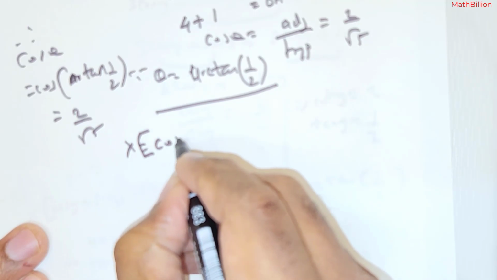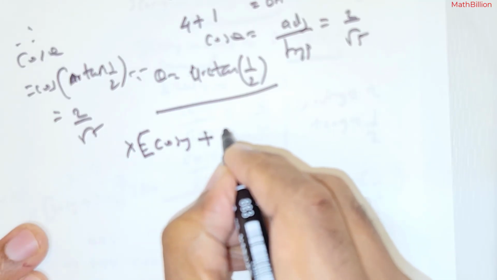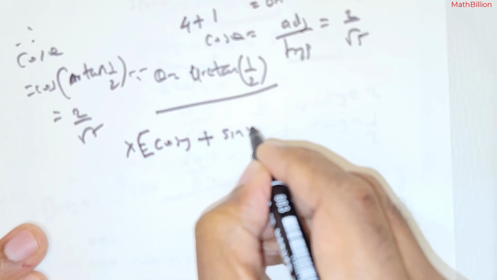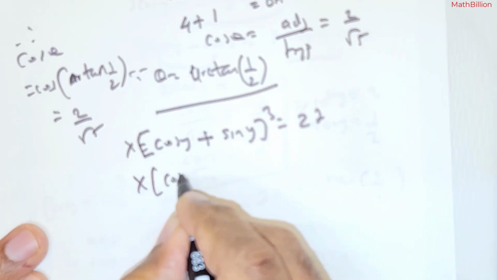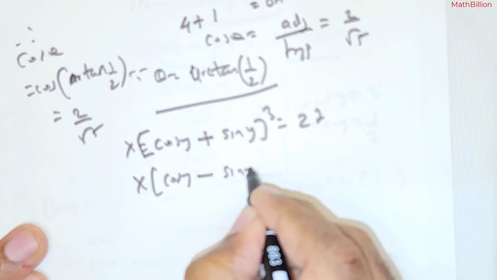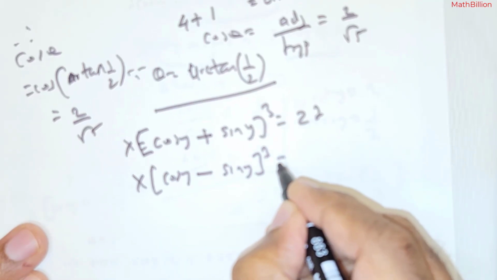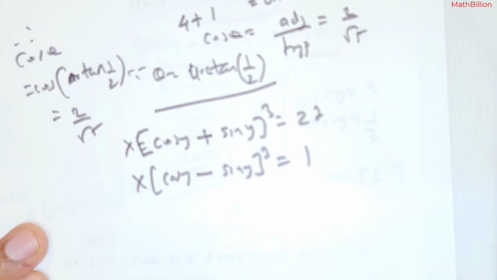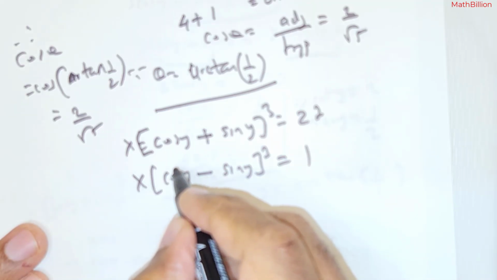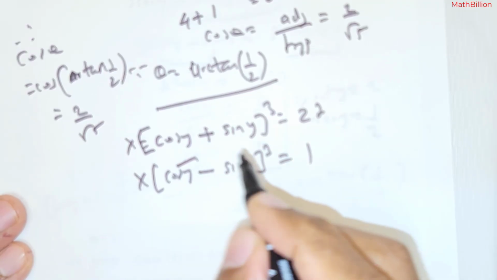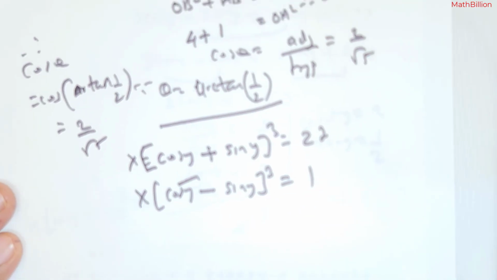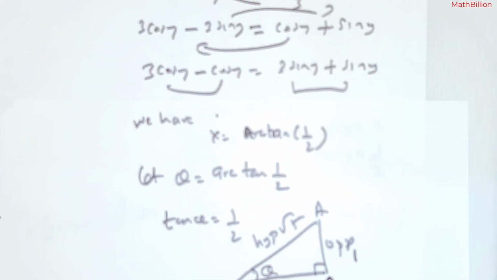I did that because we have x of (cos y plus sin y) raised to the power of 3 is equal to 27, and we also have x of (cos y minus sin y) raised to the power of 3 is equal to 1. So what I will do, I will use one of these. So I have got cos y already, because y is this value.